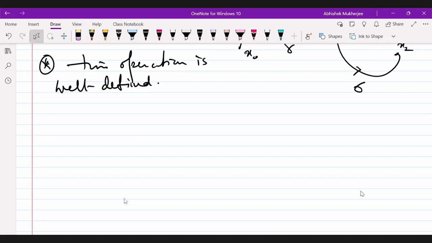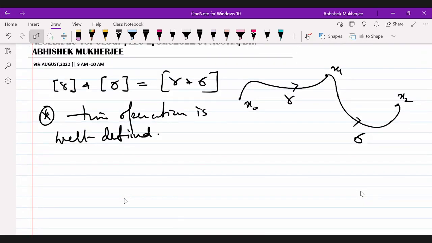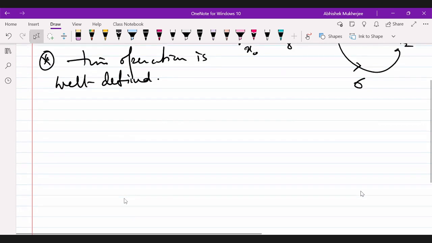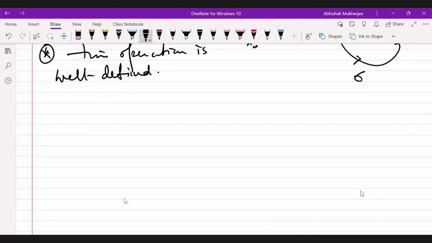But in general, if you take any path from some point x0 to x1 and x1 to x2, so if you take any path having some initial point and end point, then let us choose a path, suppose gamma from x0 to x1.